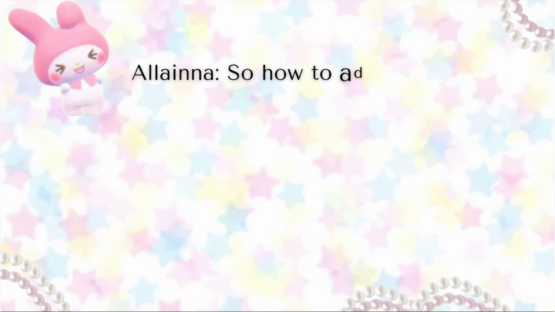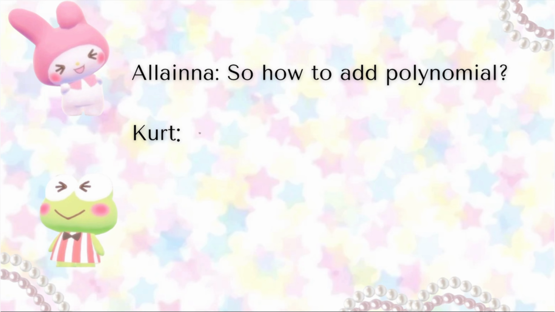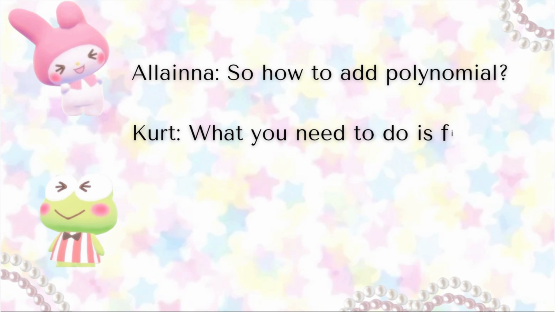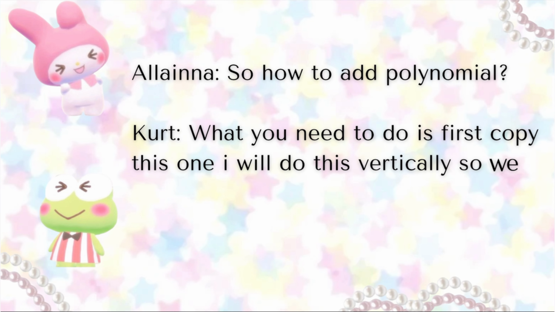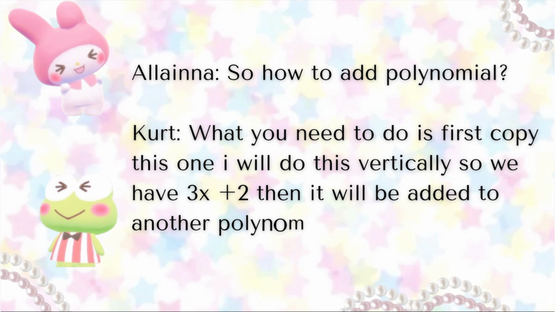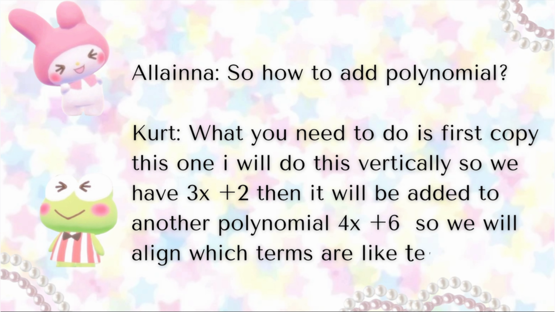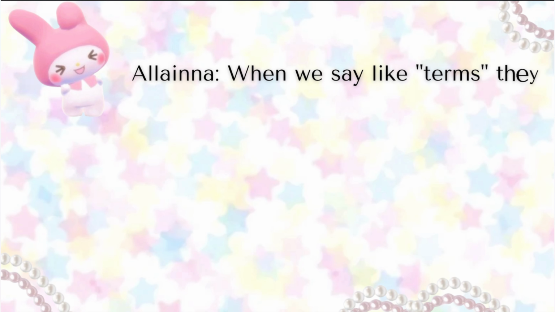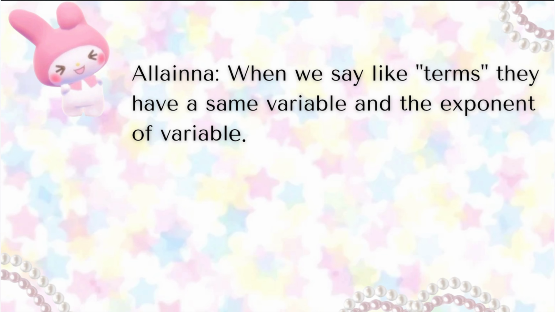So, how do we add polynomials? What you need to do is first copy this one. I will do this vertically, so we have 3x + 2, then it will be added to the other polynomial 4x + 6. So we will align which terms are like terms. We say like terms when they have the same variable and the same exponent of the variable.